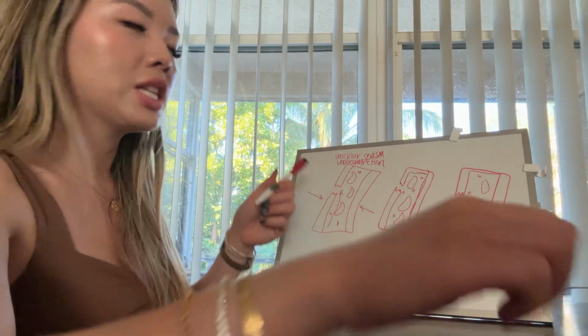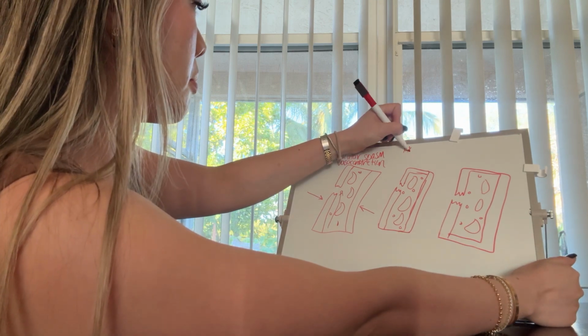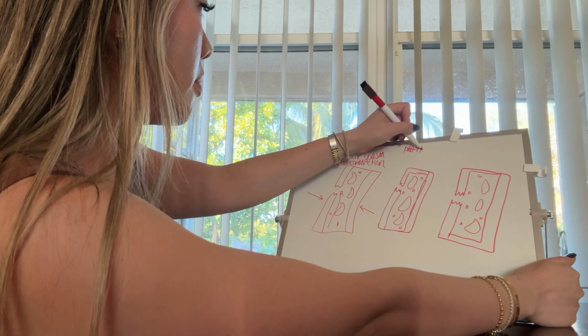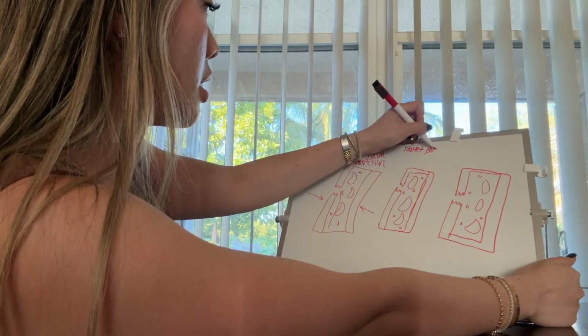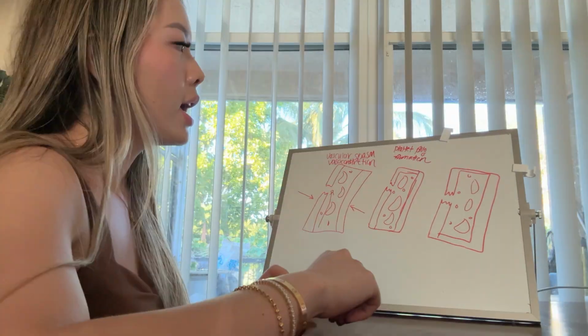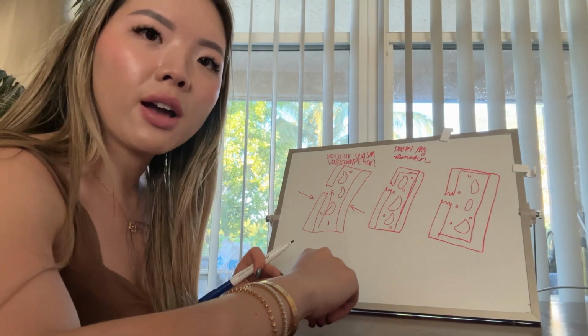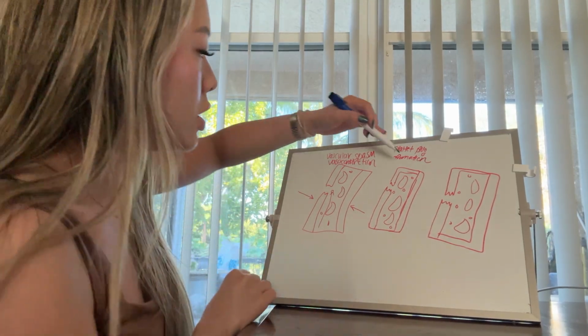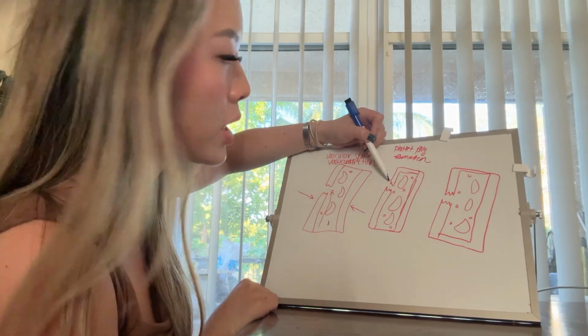The second step is known as platelet plug formation. Not only is a blood vessel made of smooth muscle, it also contains collagen fibers.